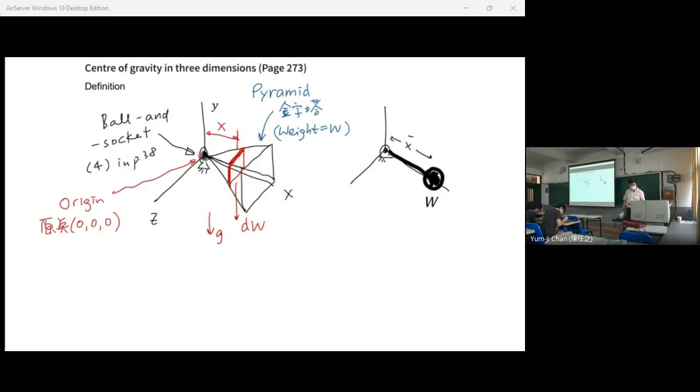It cannot move in X, Y, or Z directions, but it can rotate in all directions. So the weight is W. We want to get an equivalent system like this one, where the total moment of this pyramid is equal to this point mass. This is the center of gravity, the centroid here.